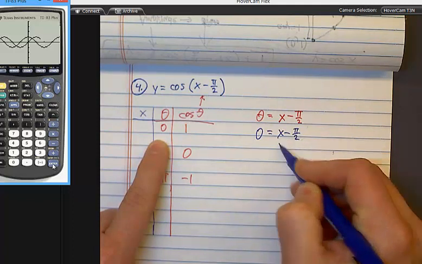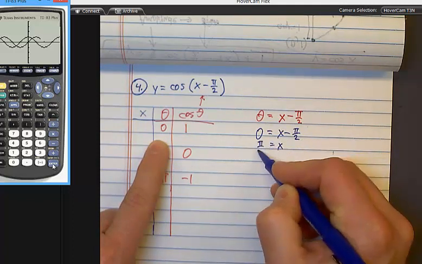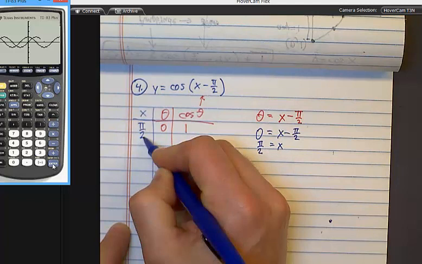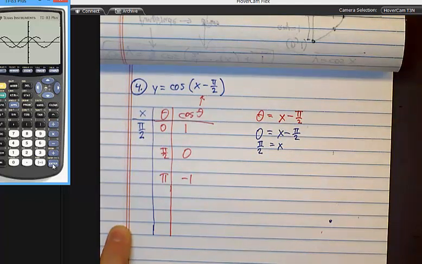Pi over 2. Can I see that? So for the new function, if I input pi over 2, what's the output? 1. Does that make sense?